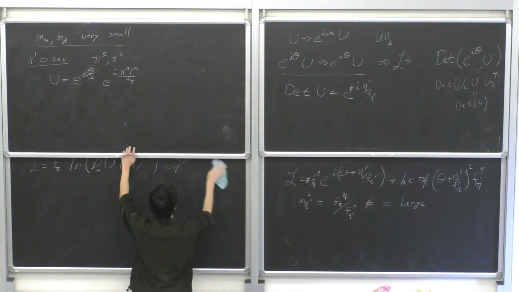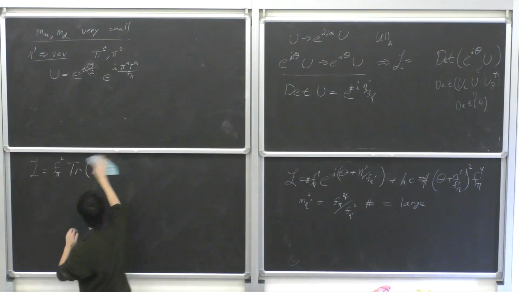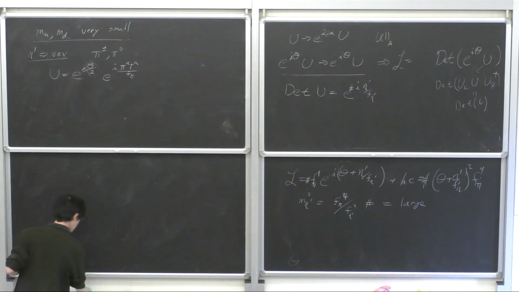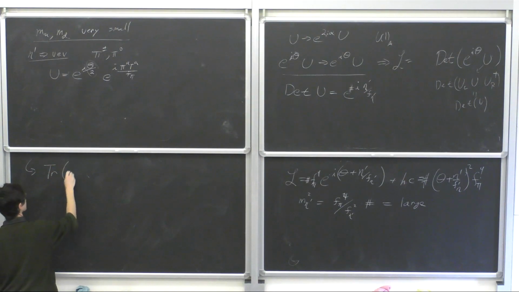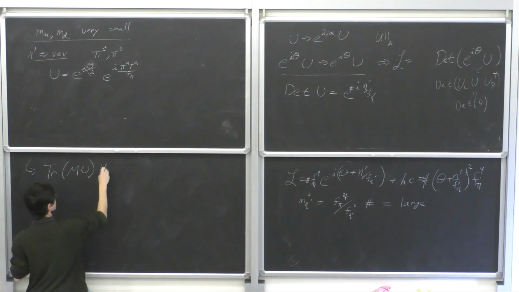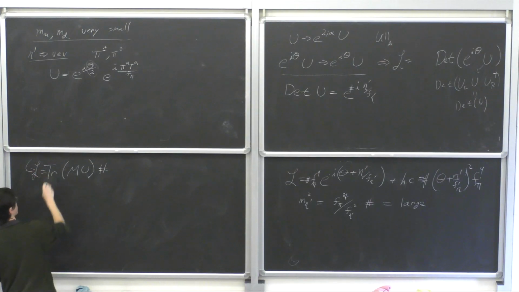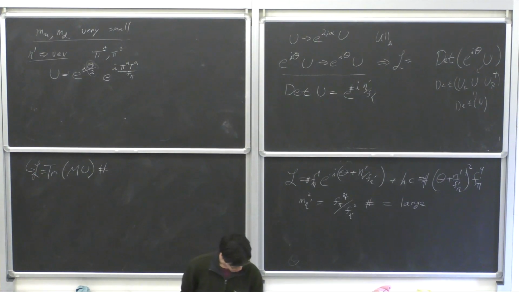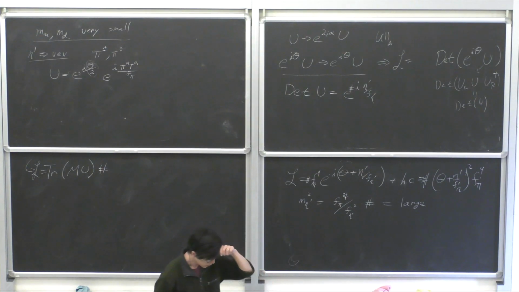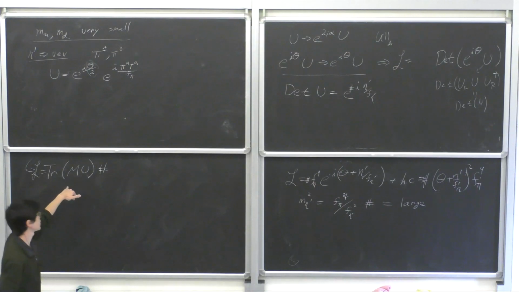Okay, so take that, plug it into the trace of mu times some numbers, and proceed. What you get is, okay, so there's two steps for proceeding here.